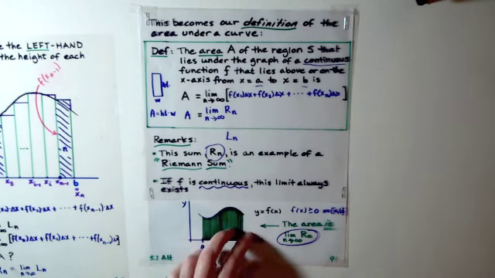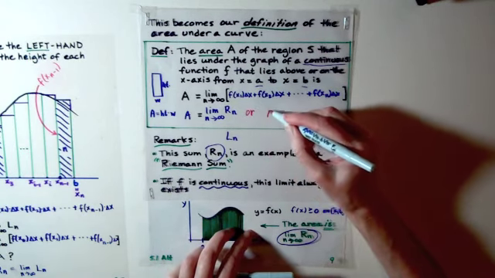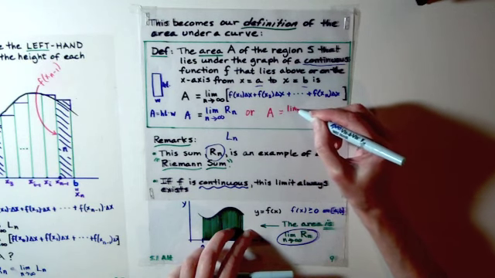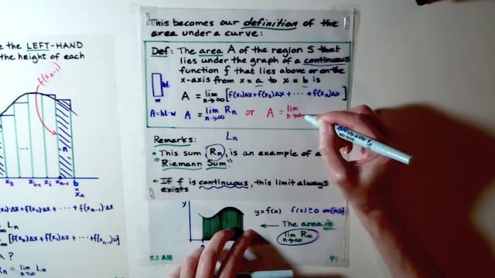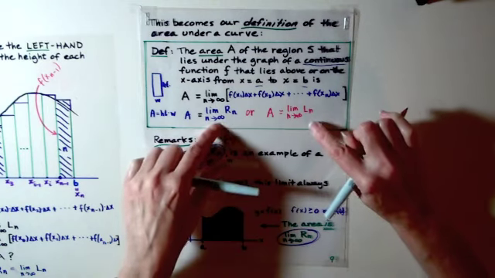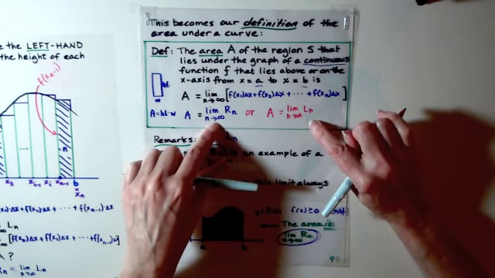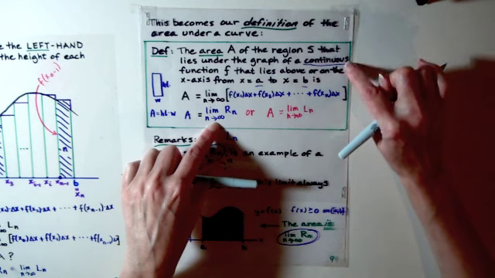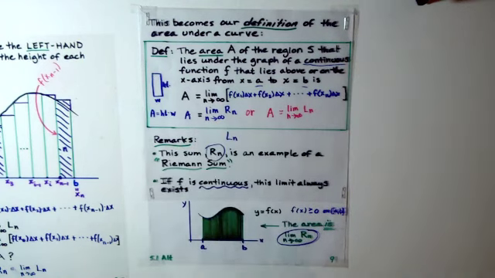We could have just as well made it A equal to the limit as n goes to infinity of L sub n. These numbers that you get when you find the limit will be exactly the same as long as you have a curve that is continuous on the interval from a to b.